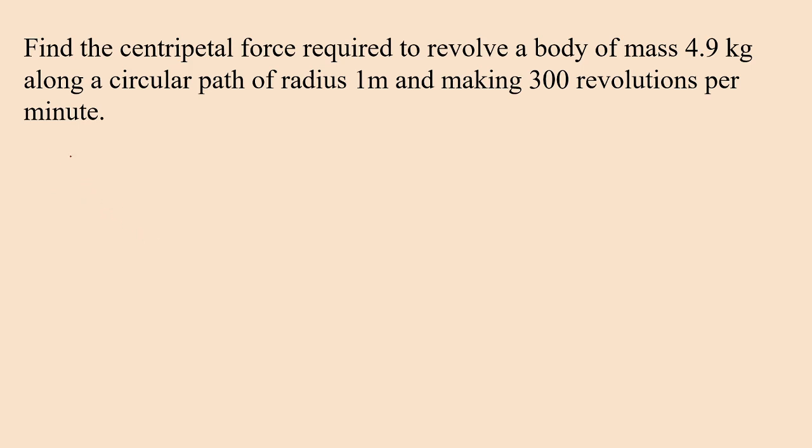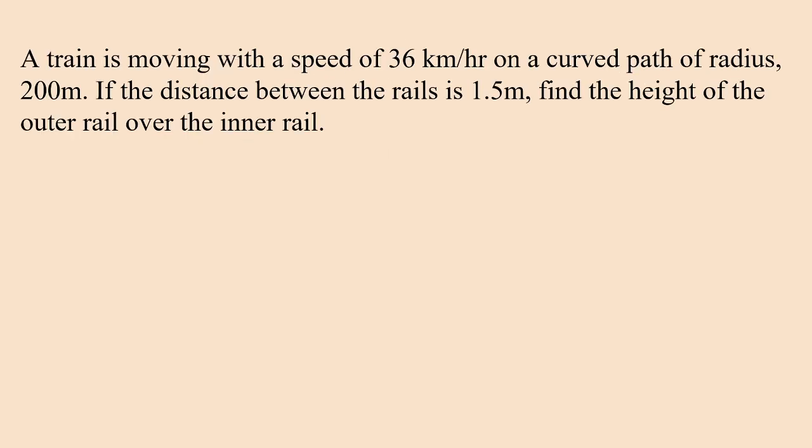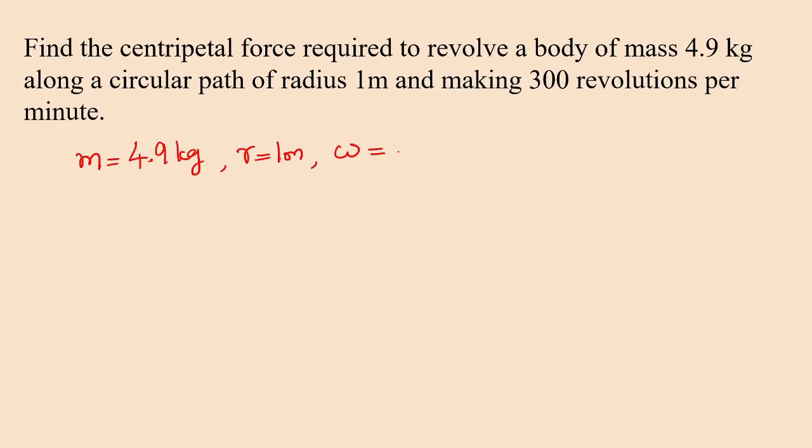Okay, so the information given in the problem is, here the mass of the body is equal to 4.9 kg, and the radius of the circular path R is equal to 1 meter, and the body is making 300 revolutions per minute. From that we can find the angular velocity. So omega is equal to, as we have done in the previous problem, for each revolution angular displacement is 2 pi.